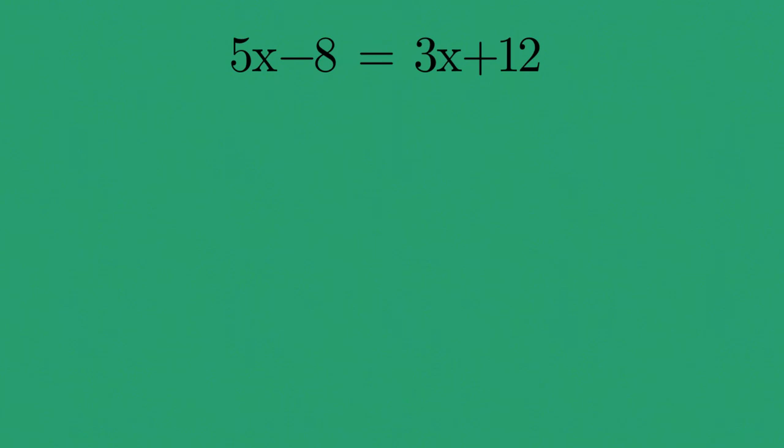Let's start right here, guys. Okay, 5x minus 8 equals 3x plus 12. Again, there's my line. I'm going to let that line define the left and right side of the equation.